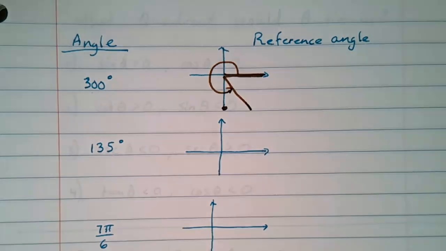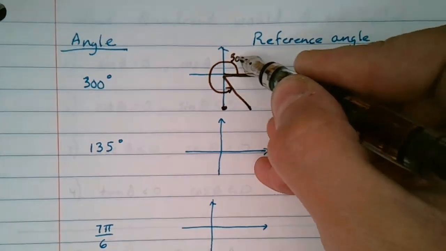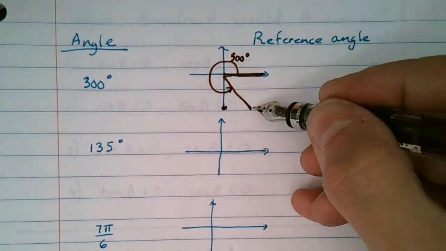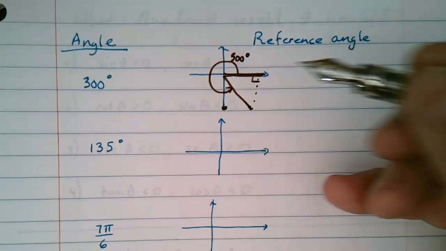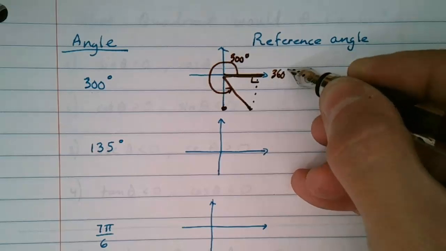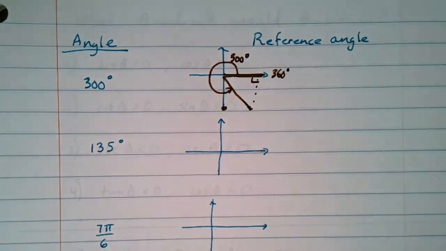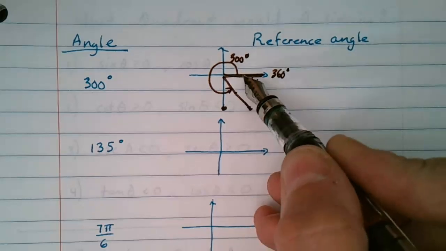Okay, somewhere like that. And what I'm going to do is say, there's 300 degrees. Where is the nearest x-axis? And make a right triangle. Okay, and that nearest x-axis happens to be 360. And so how far is it from here to here?